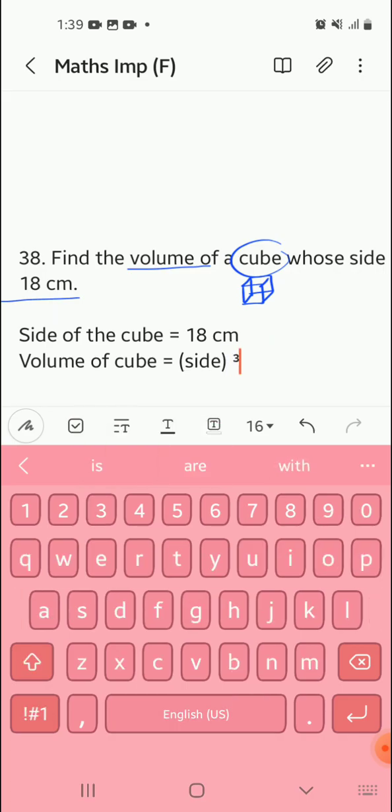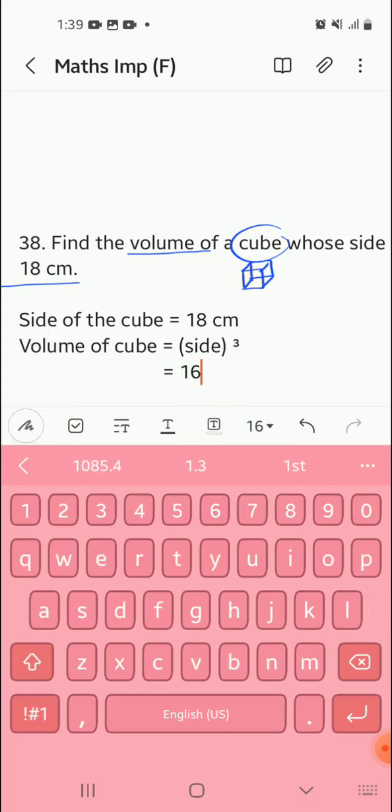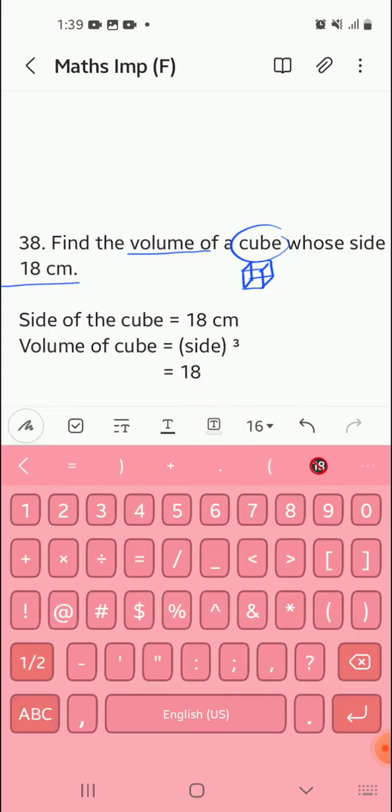So we are going to multiply 18 three times: 18 into 18 into 18.